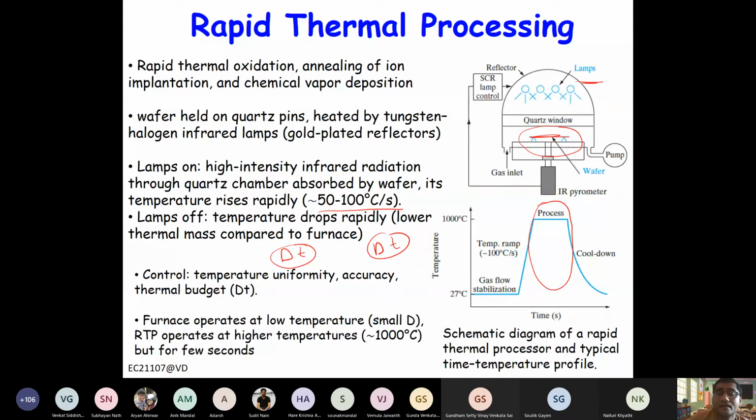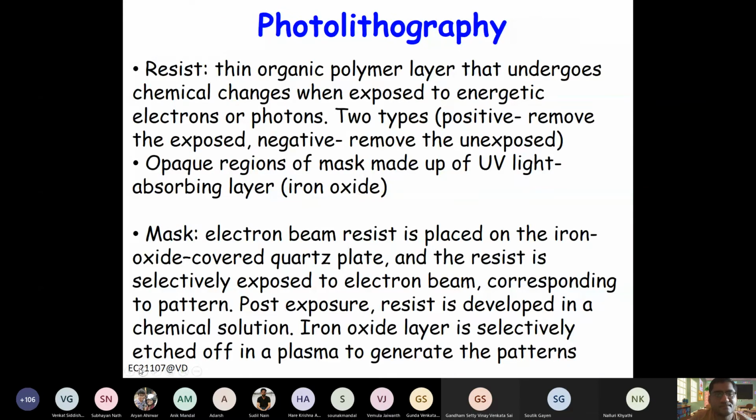Okay. Now once we know these processes, there's another process called photolithography. Now photolithography, what it does, we use a resist, right? So resist is basically a polymer, an organic compound.